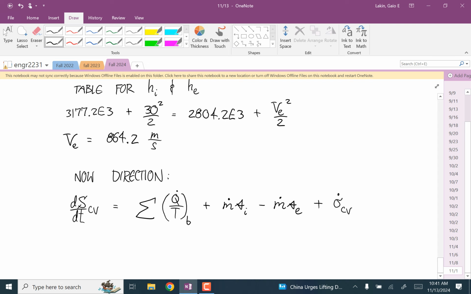And all we're doing is looking to see whether this comes out positive or negative. If it comes out positive, then we guessed right, this is a nozzle.